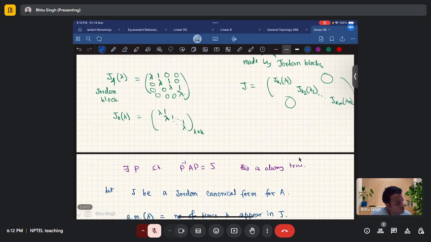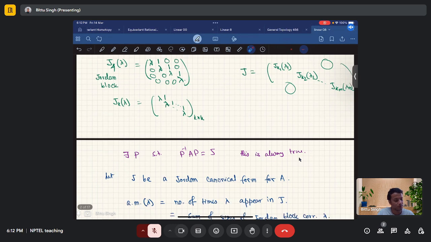For example, these are called Jordan blocks corresponding to lambda 1, because these blocks contain all entries where the diagonal entries are lambda 1. Similarly, these are Jordan blocks corresponding to lambda 2, and the size is given here. For example, J4 of lambda has size 4, right? Similarly, J_k has size k.